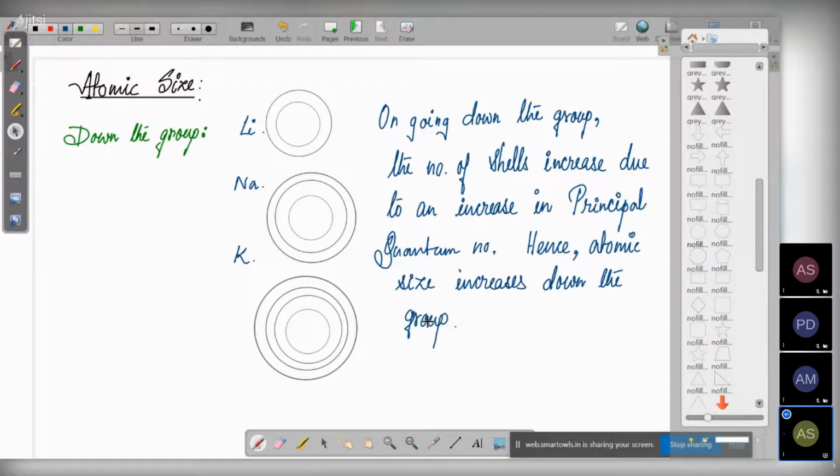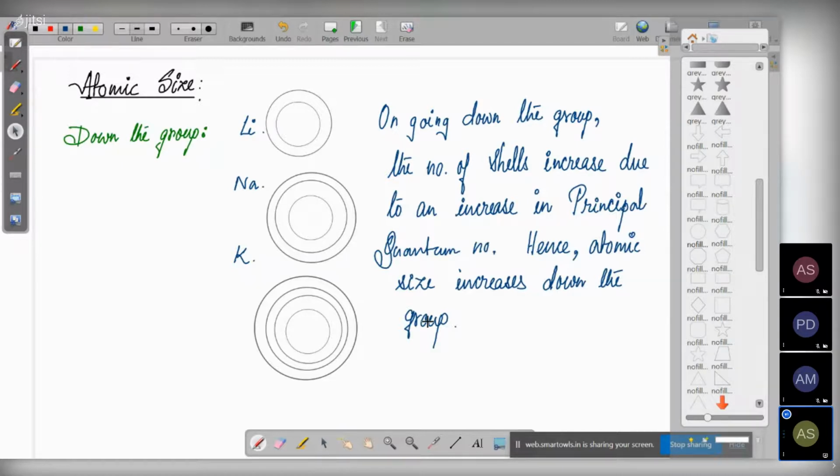Okay, so this is the thing: on going down the group, we see that the number of shells is increasing because the principal quantum number is increasing, and it is due to this reason that the atomic size is also increasing down the group. So down the group, atomic size increases. It does not decrease. Is it clear why atomic size increases down the group?